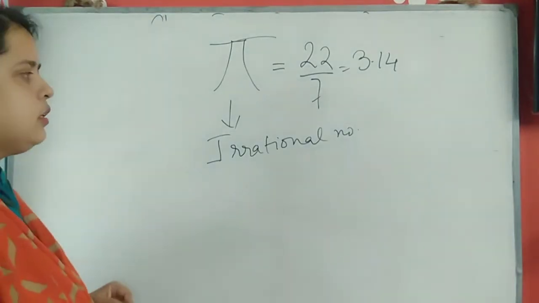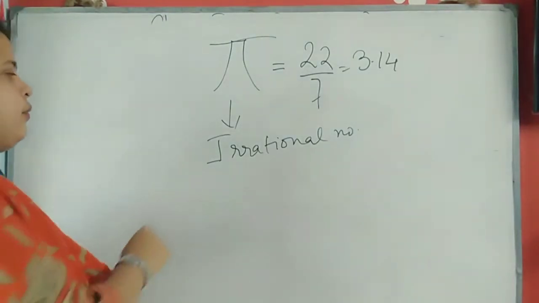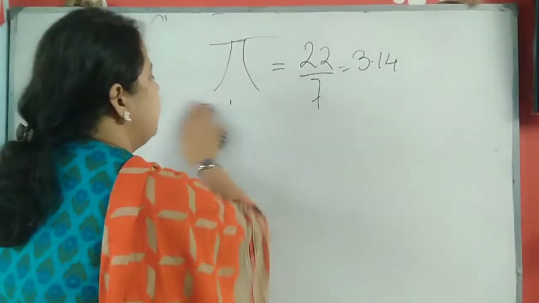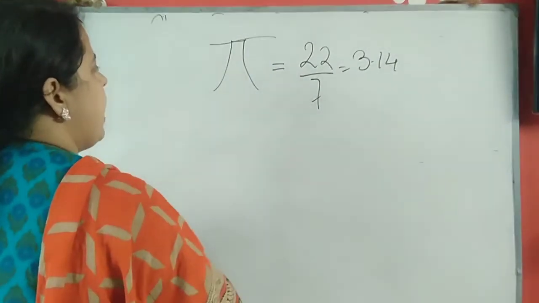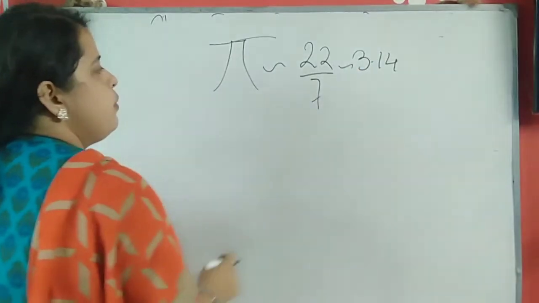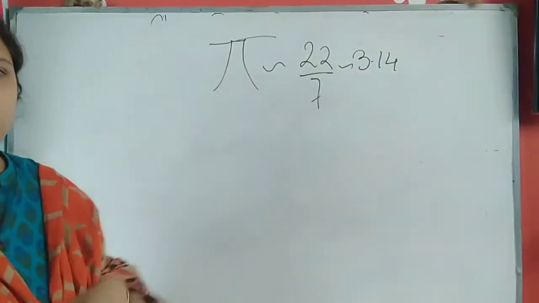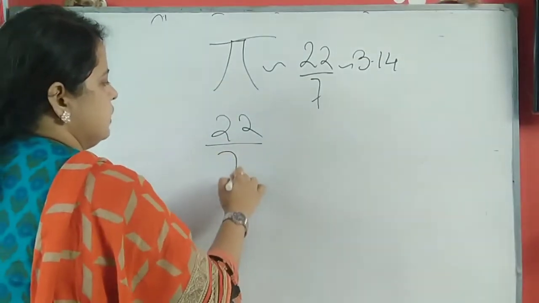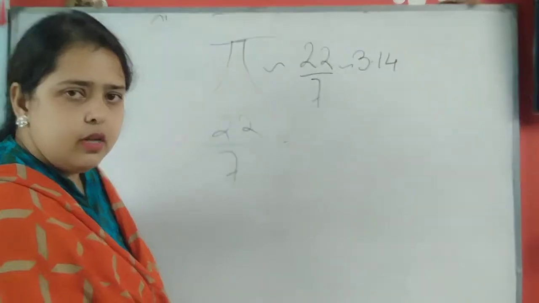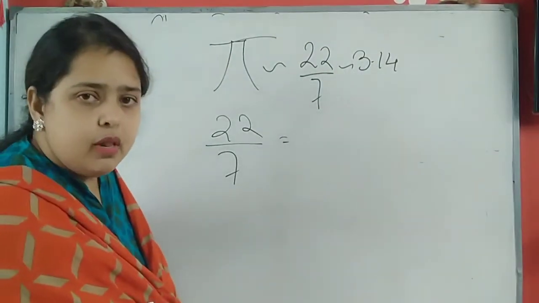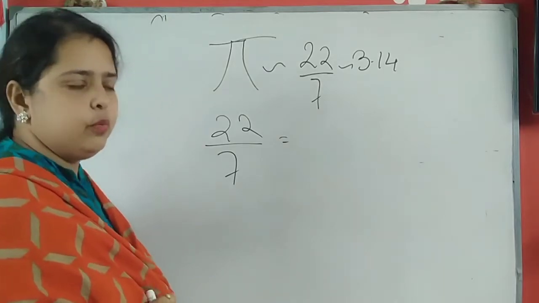So the answer to this one is, children, it is an irrational number, that is for sure, and actually this is an approximate value. And why is this approximated to 22 by 7? By the way, why not with any other rational number? Okay, so let us concentrate on the decimal expansion of 22 by 7.